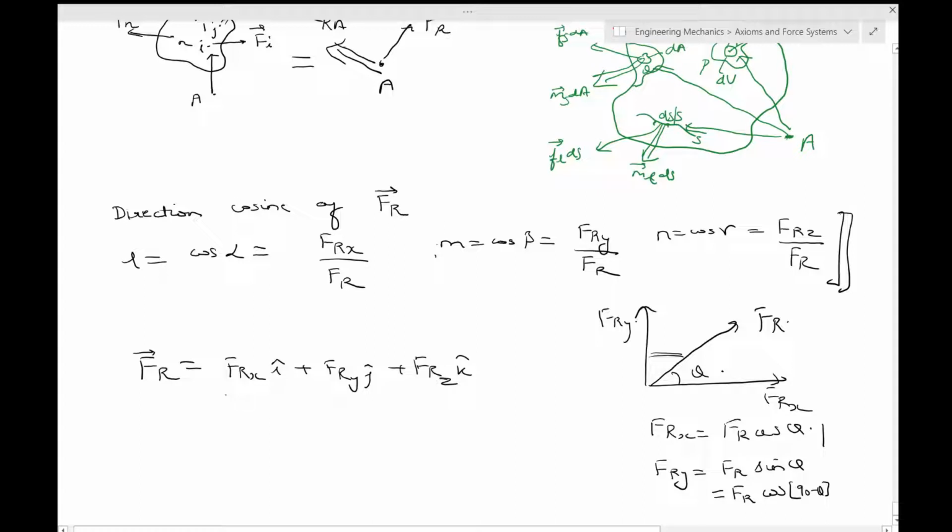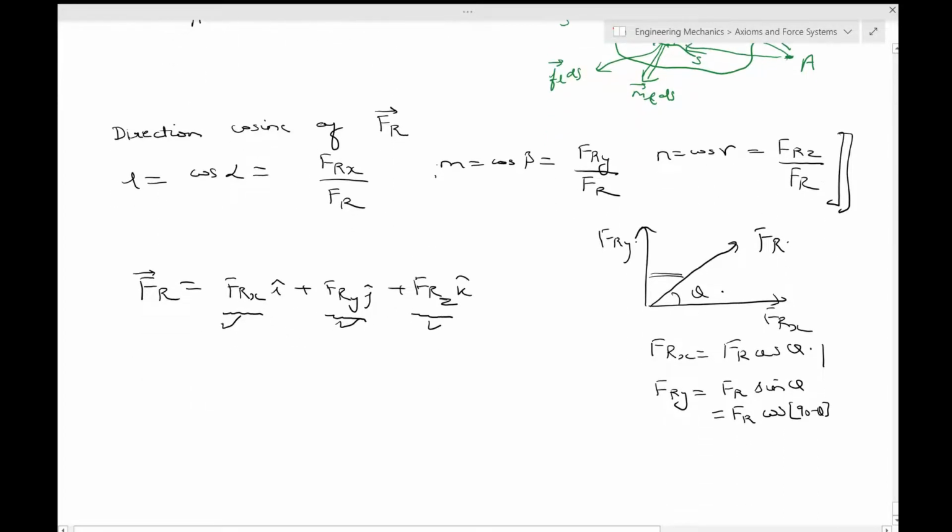Now if L or cos alpha is known, Frx will just be Fr into cos alpha, Fry will be Fr into cos beta, and Frz will be Fr into cos gamma. So the direction cosines actually give you the individual components of this vector Fr, the resultant force.